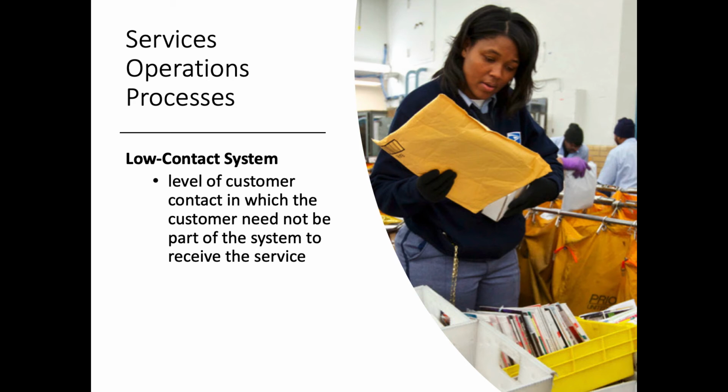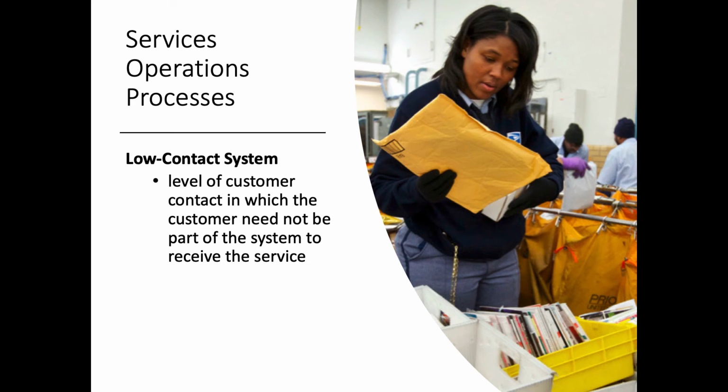You see a mail sorting warehouse pictured in this photograph, where employees sort through the mail by zip codes and delivery addresses, and there's no need or want for the customer to be there during that sort process. All you have to do is make sure you occasionally go out to your mailbox and your mail is delivered.